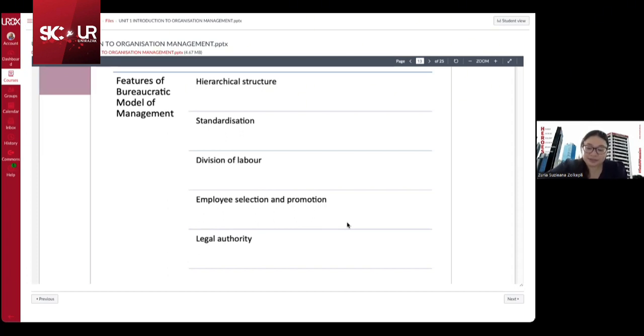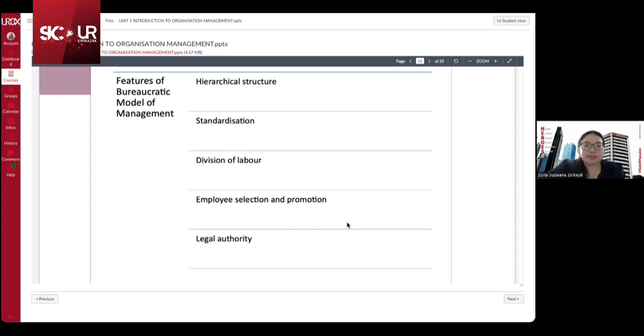For example, not in your job description ataupun a totally new thing, new disciplines, right? But in the bureaucratic model, your division of labor is very clear, right? Means that if you are hired to do this, then you are going to do this until you get promoted or until you leave the company.